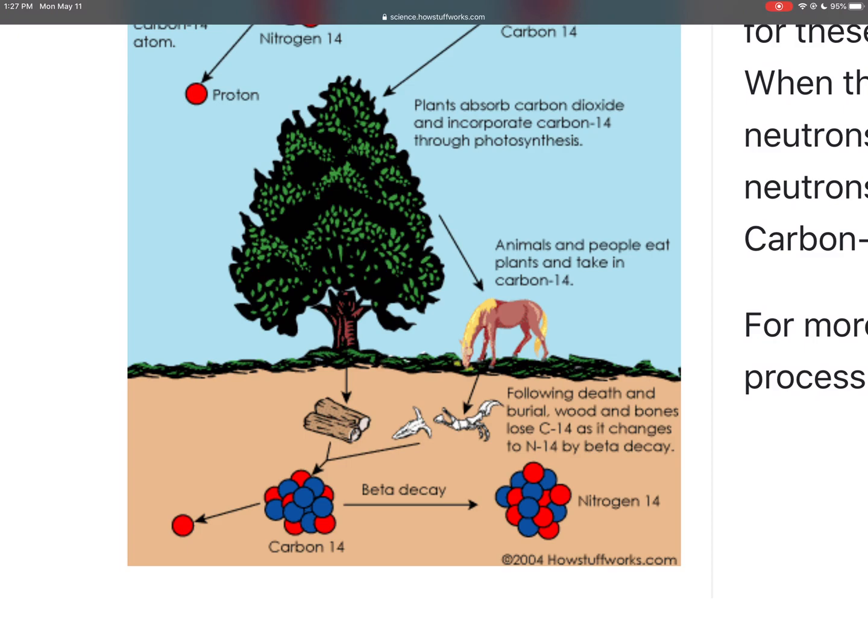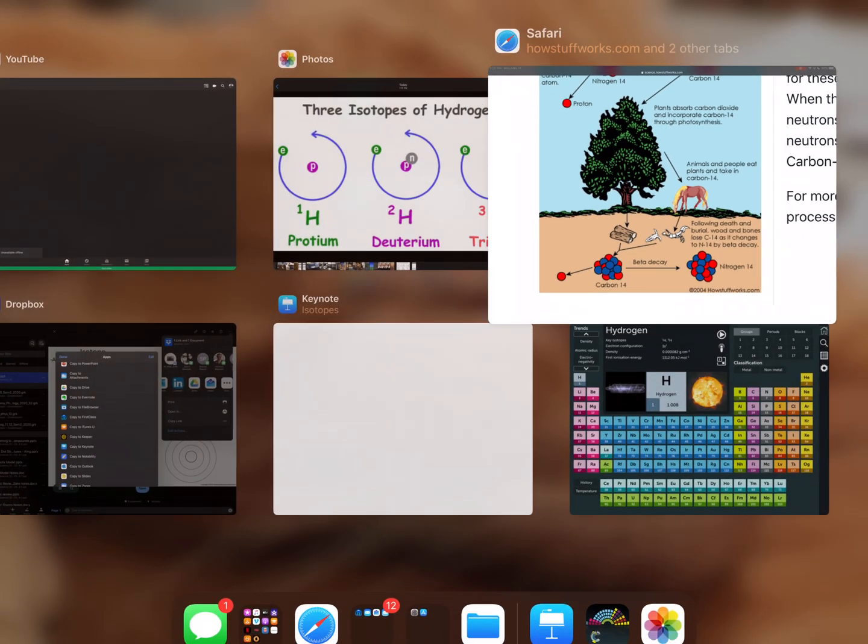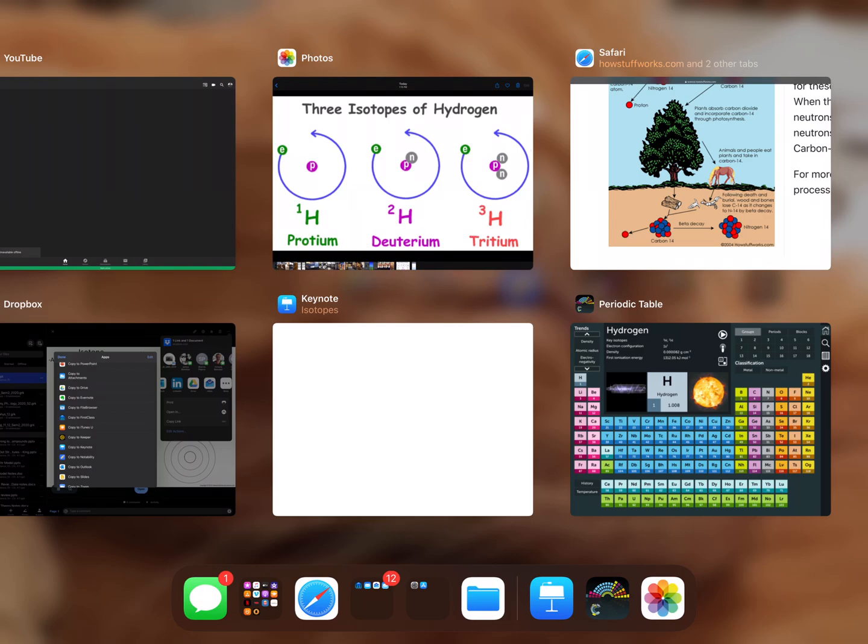If you beta decay, you end up with nitrogen-14. So we look at the amount of carbon-14 in things, and the amount of nitrogen-14 in things, and we can use that as a clock to figure out when something died. Because that carbon-14 essentially falls apart and becomes nitrogen-14 in a process called beta decay, which we'll get into later. But it's really interesting because what we're talking about here are isotopes.